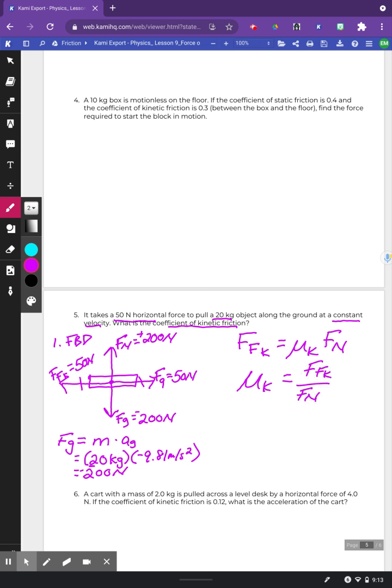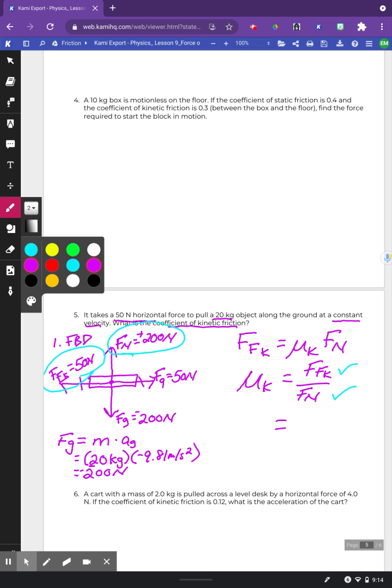And it would look like this. On my free body diagram, I have the force of normal. I figured out what that was. I have the force of kinetic friction. So I can just plug those into my calculation and figure out what my coefficient of friction is.